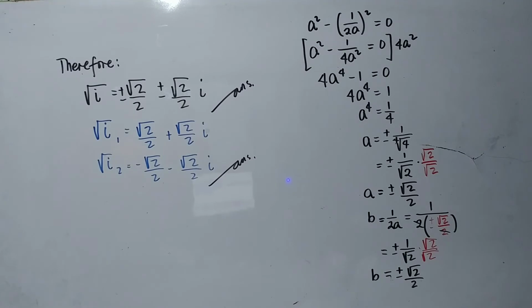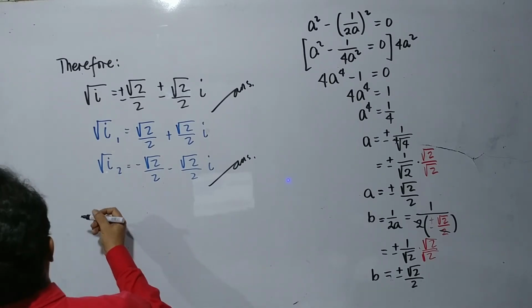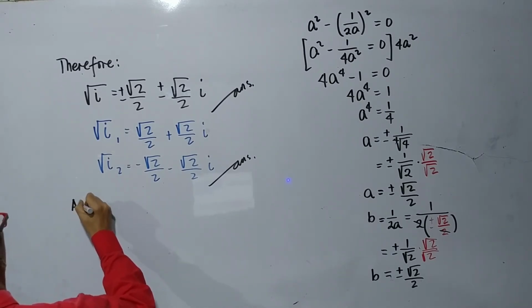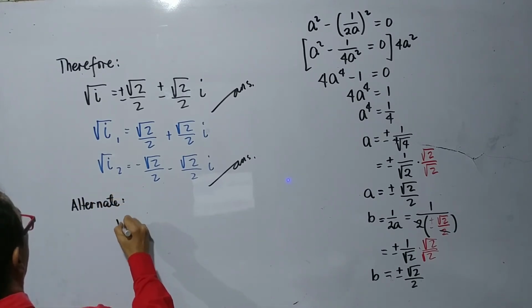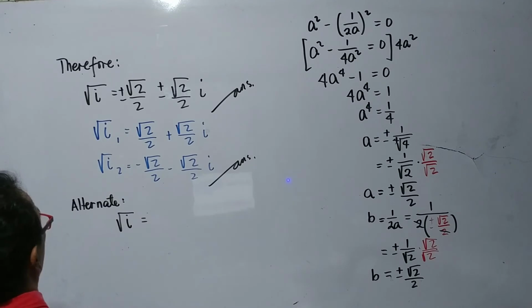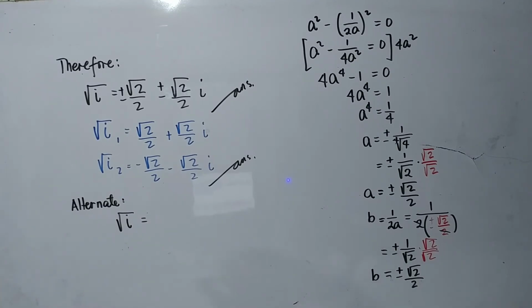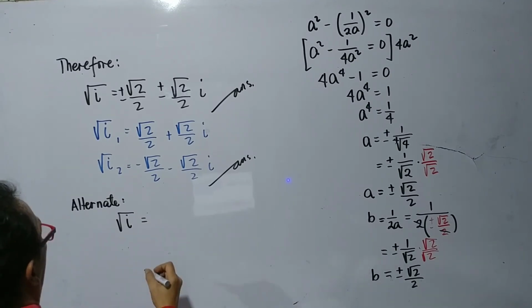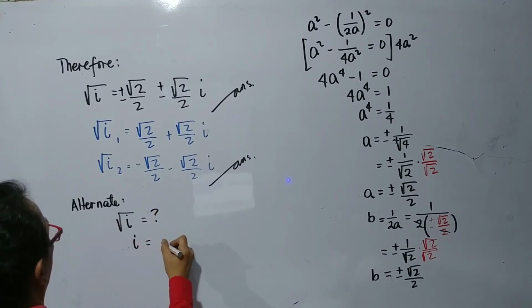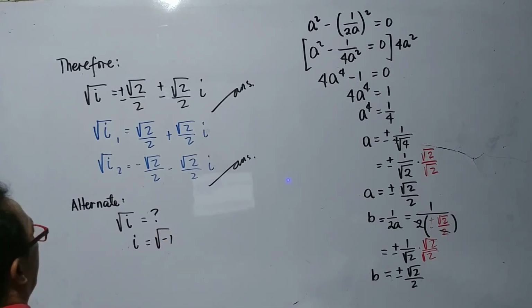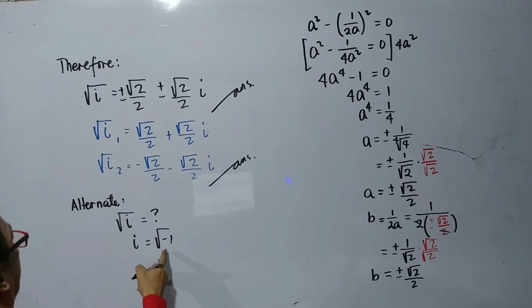Now, let's have one of the exact answer. Alternate. The square root of i is equal to, we said that i is equal to square root of negative 1.